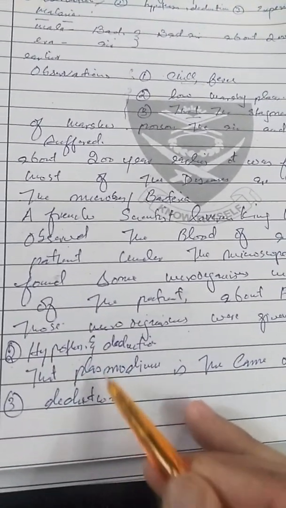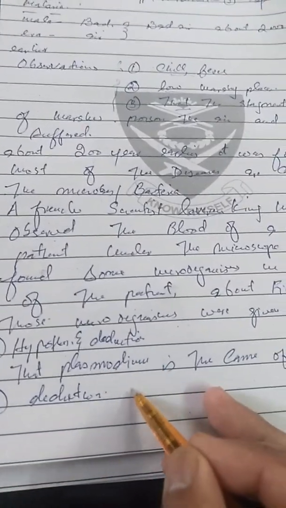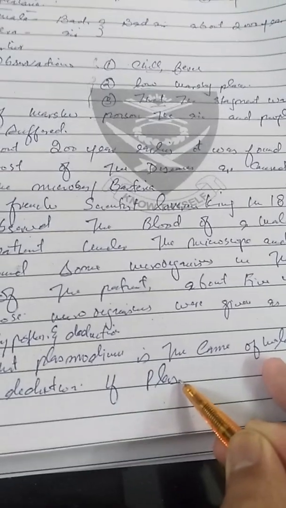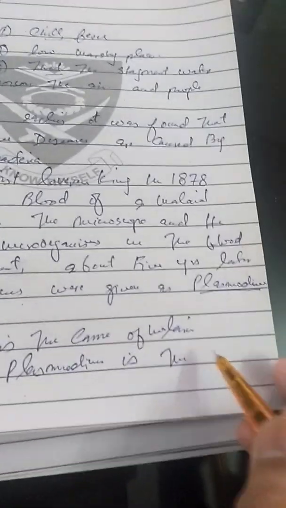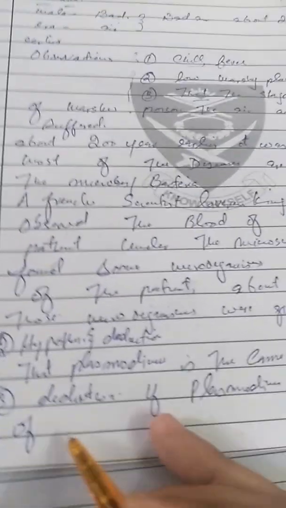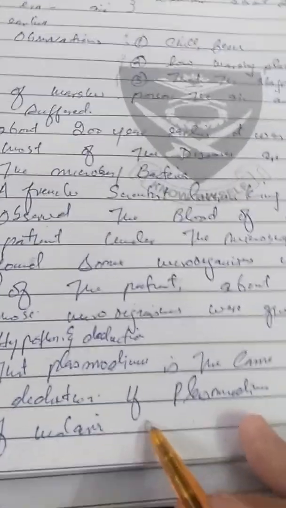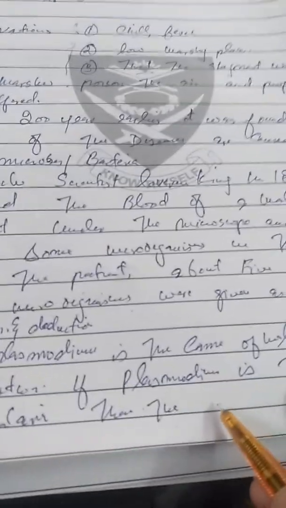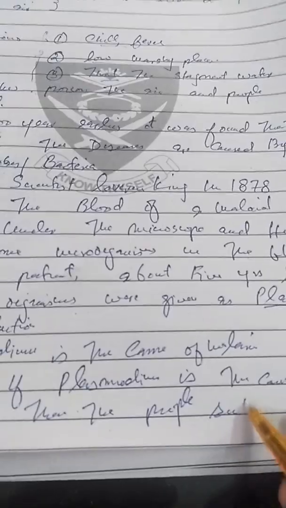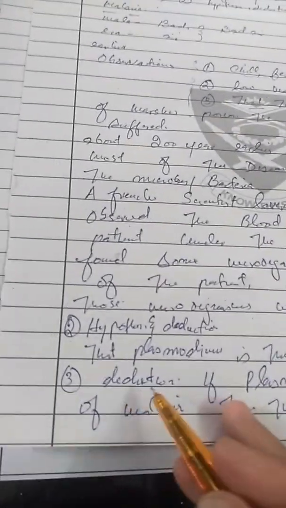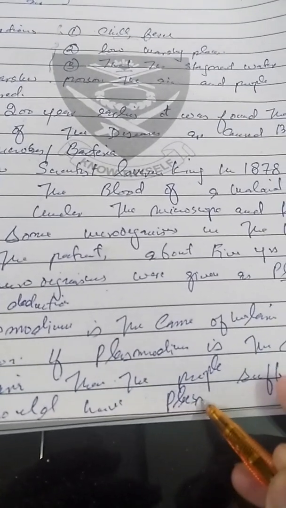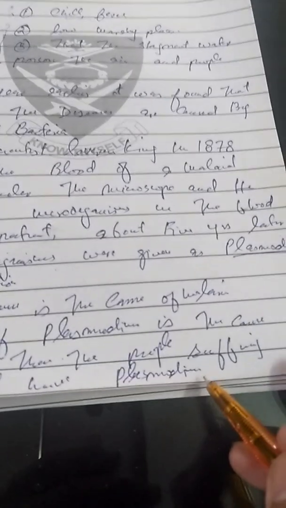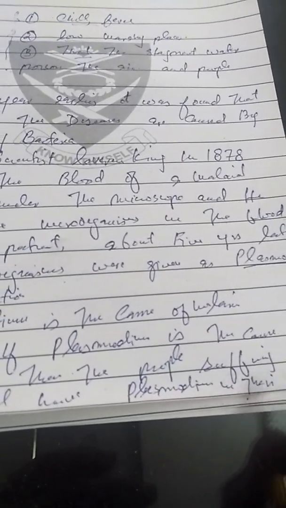So the possible deduction could be: if Plasmodium is the cause of malaria, then all the people suffering from malaria should have Plasmodium in their blood.